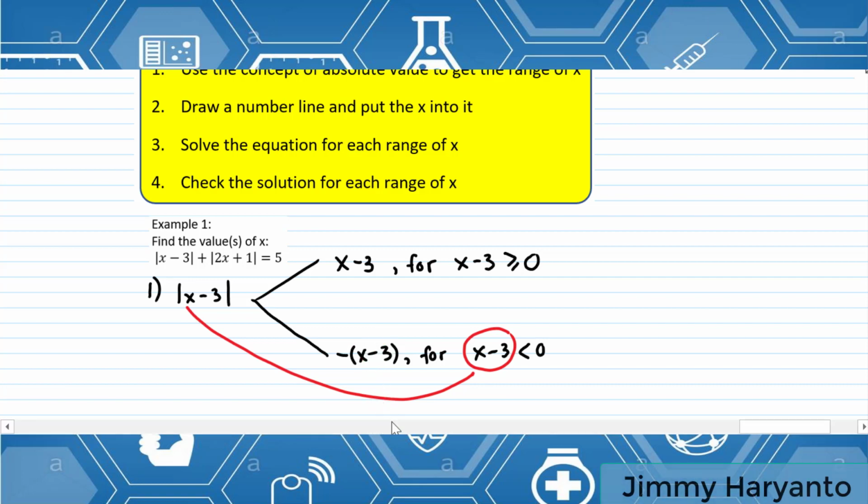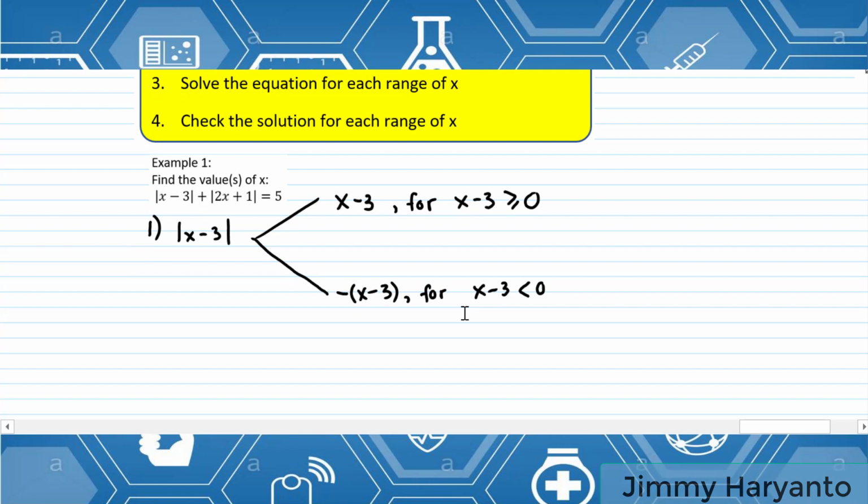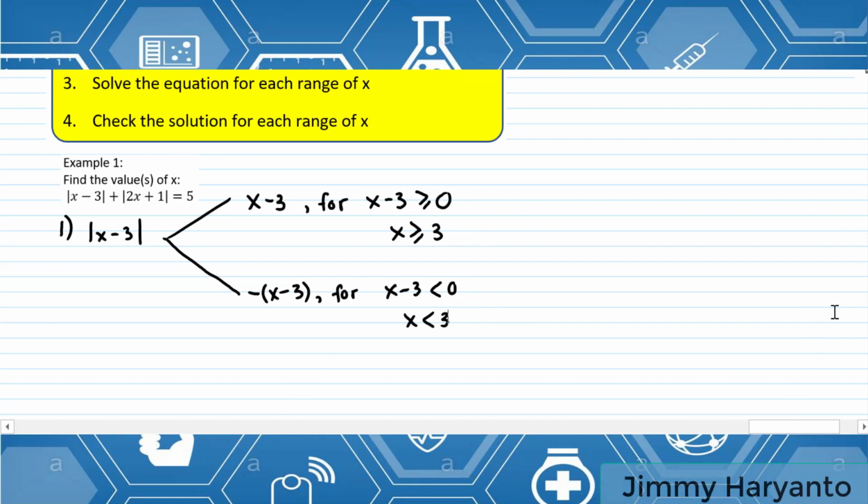Do not get it wrong. This is for the first absolute value, but we have to solve x minus 3 greater than or equal to 0, so I have x greater than or equal to 3, and x minus 3 less than 0, so I have x less than 3. Move the negative 3 to the right side. We have two absolute values, right?